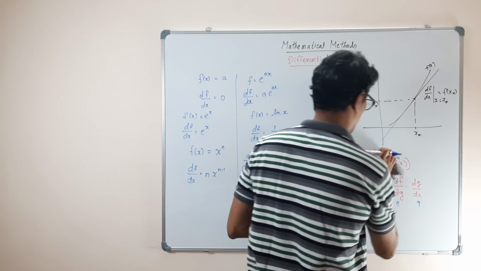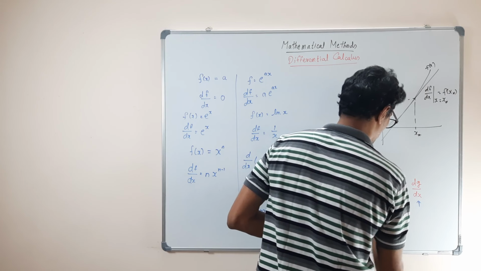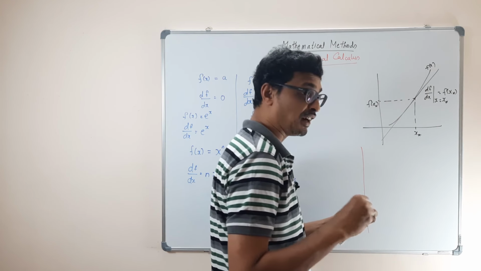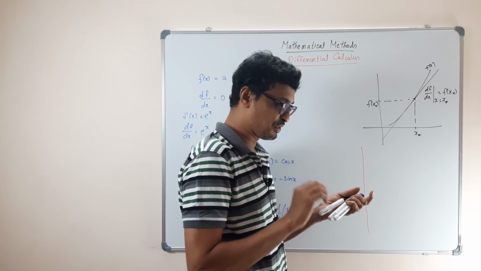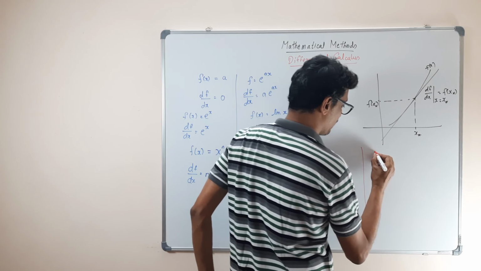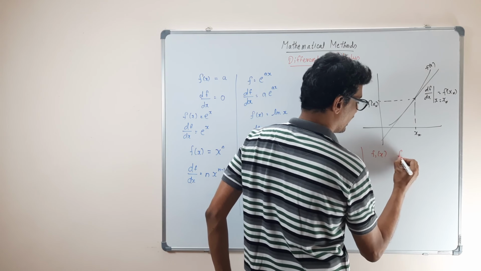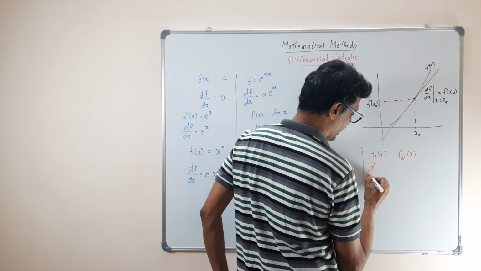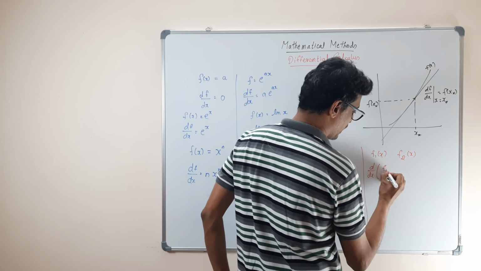If I give you two functions, f1 of x and f2 of x, what will be d by dx of f1 by f2?